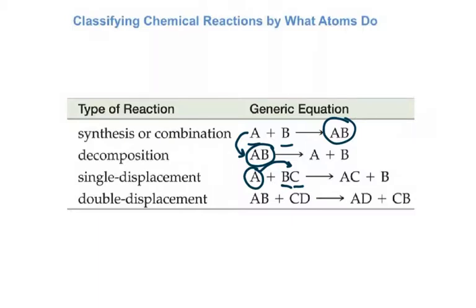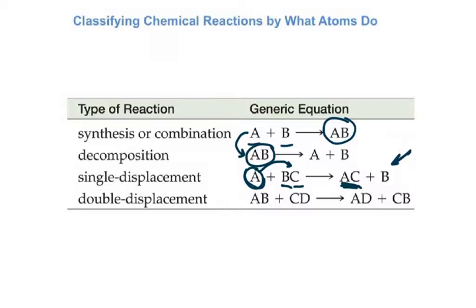So notice how A, this boy here, and C get together. And notice how B got displaced, it got kicked out. So whenever you have, and you can think of this analogy, if you have a couple dancing and somebody cuts in, that's called a single displacement. Okay? Notice you have your new couple dancing, and here's the one that got displaced or kicked out.